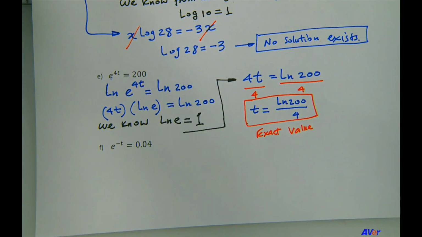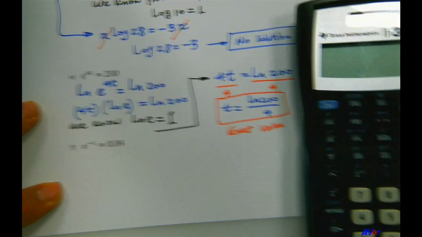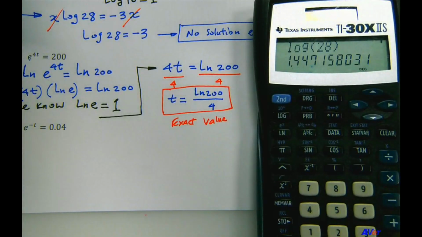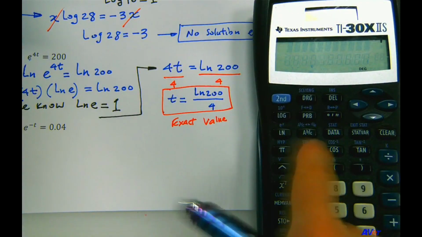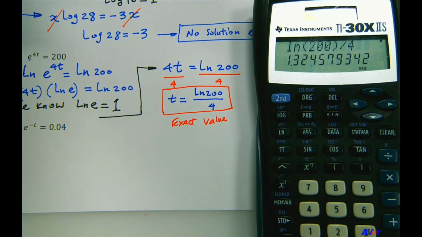Give your answer either in this form, or if it's something like 1/2, you can also say 0.5, because in that kind of a fraction, 1/2 and 0.5 are both exact values. But in this case, let me calculate this with my calculator. Natural log of 200 divided by 4. Let's see what we get. Look at that, that's not exact.